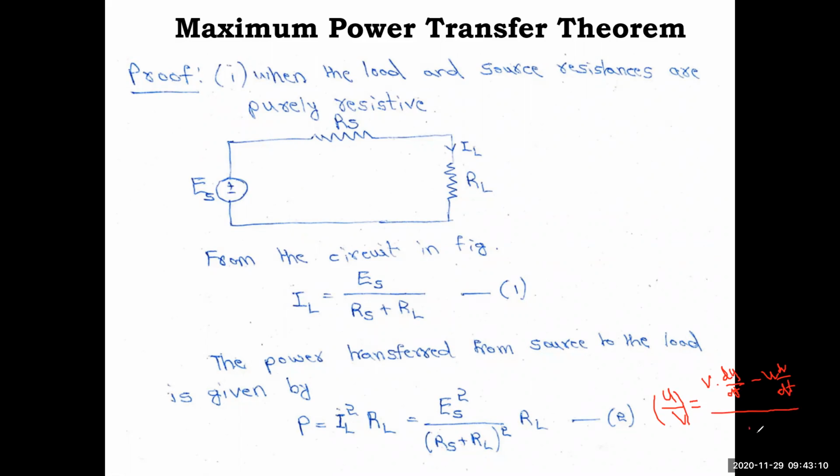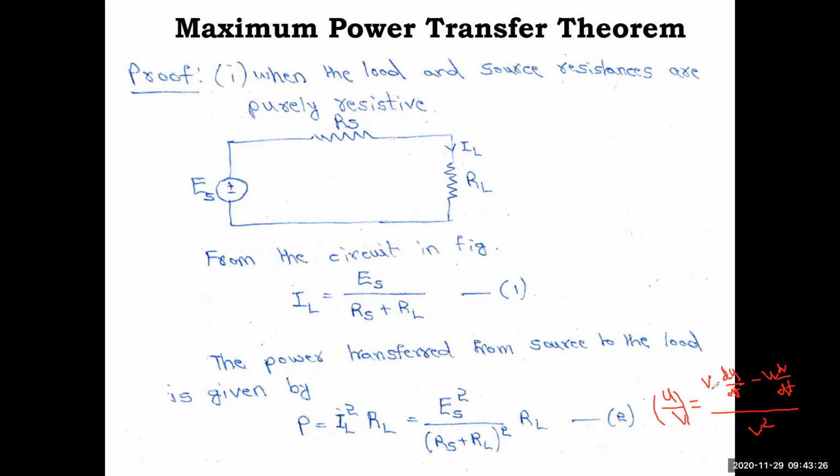You are more familiar with mathematics, so this is the formula of derivation I will use here because it is in u by v form. Here Es square into RL acts as the u, and Rs plus RL whole square acts as the v part.